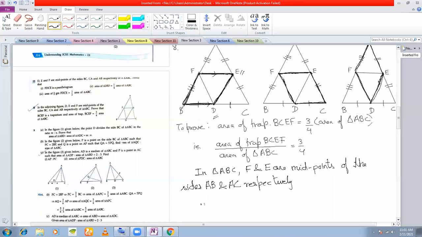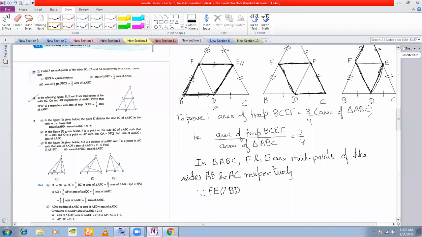Therefore, FE is parallel to BD. And FE is equal to half of BD or half of BC also, but we don't require that. So we'll simply take FE parallel to BD. Okay.